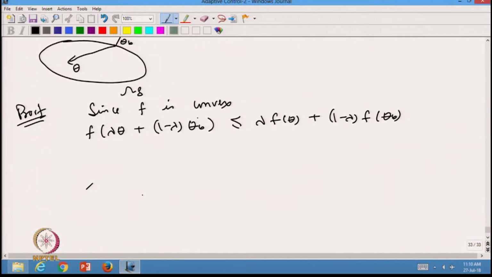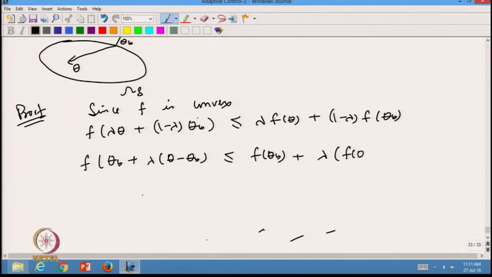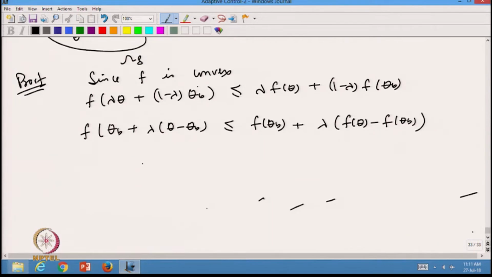Then we manipulate this inequality slightly, and what we end up with is f of theta b plus lambda of theta minus theta b will be less than or equal to f of theta b plus lambda f of theta minus f of theta b. Okay. So this is what we get.